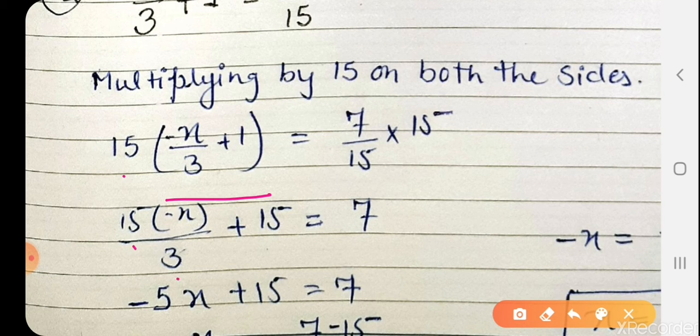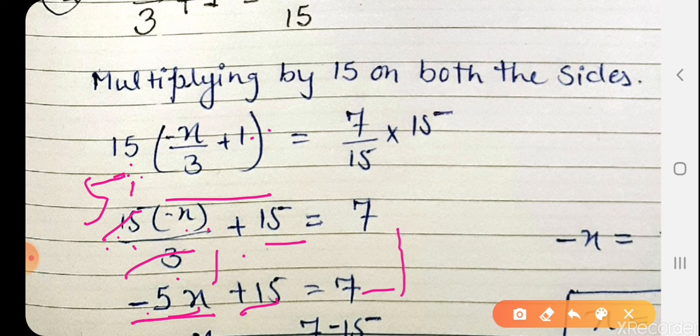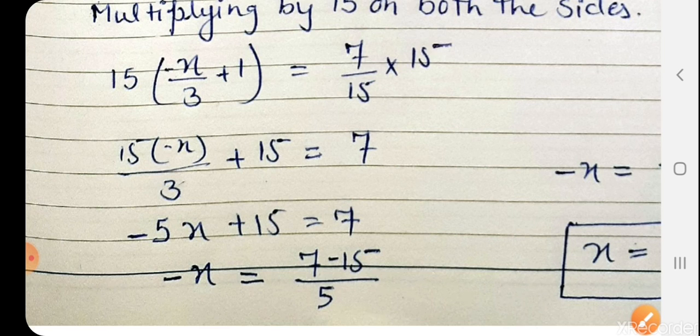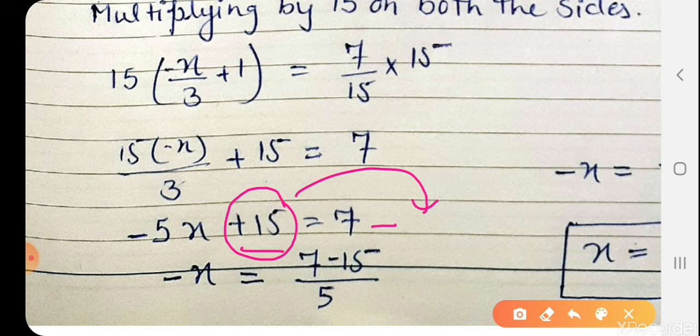So 15 upon 3 into minus x is equal to 15 into 1. So 15 into 1 is 15, and 15 upon 3 is 5, so 5 into minus x will be minus 5x. Minus 5x plus 15 is 7. So the next step, this 15 will be transposed on that side and here it is positive, so it will become minus.